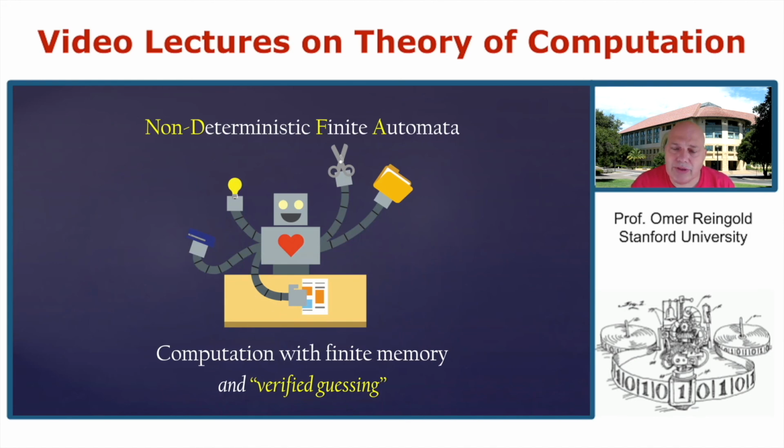So non-determinism, the way we want to view it, and it will be even more useful when we talk about NP later on, is we want to think about non-determinism as being able to guess and then verify the guesses. So you can imagine that the NFA has some part of it that is whispering in the ear some suggestions. Go there, move here.